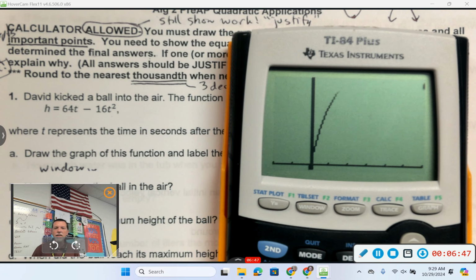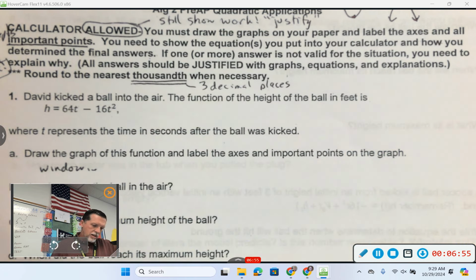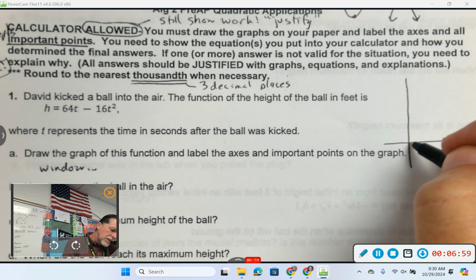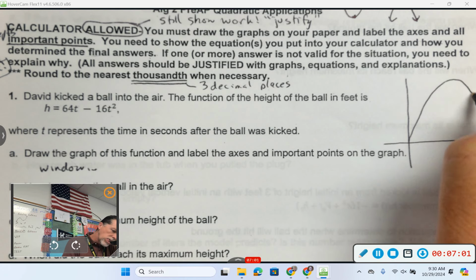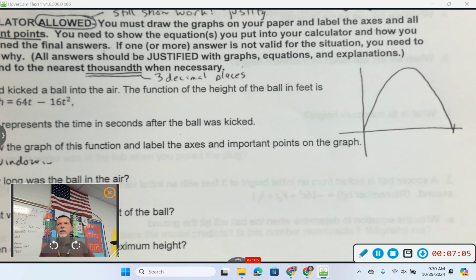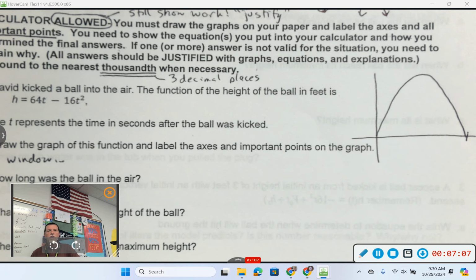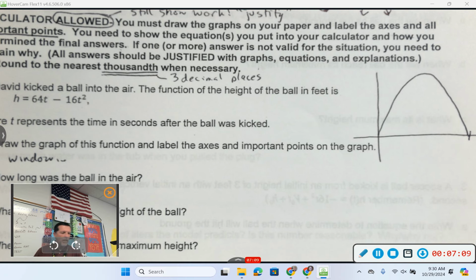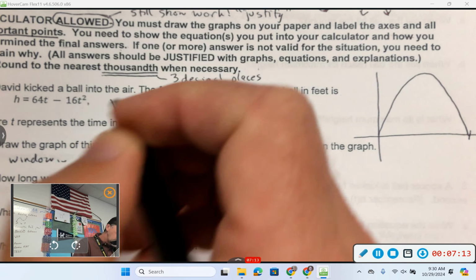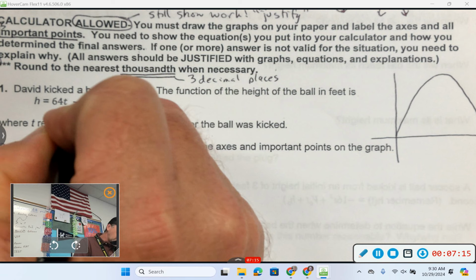So back to my window. I know I don't need to see the negative stuff, so I'm just looking at the positive stuff. Okay, now I want to put that on a graph of my own. Okay, some key points. The vertex would be a key point. What's the x-coordinate of the vertex?